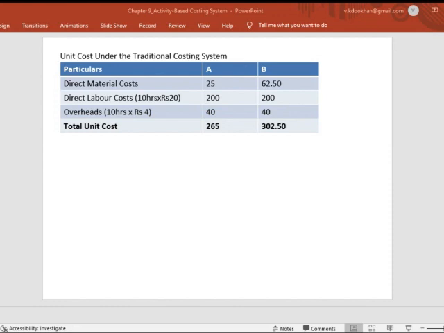What about the others? Let's solve it. Can I proceed with the ABC now? Very good. That is the traditional one. Now we are going to do the ABC.